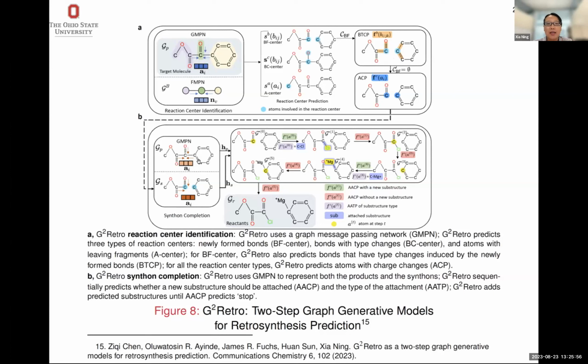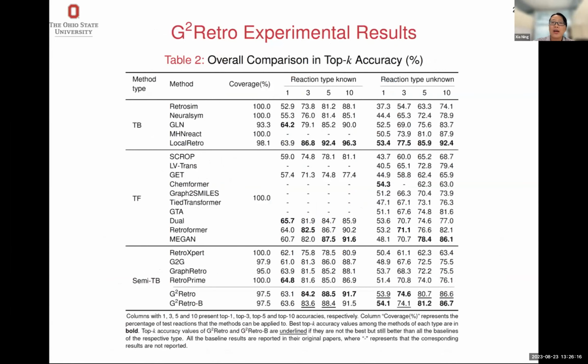And in the second phase, again, we utilize the same idea as in MolecularGAN, that is, we add atoms step by step, and in each step we need to decide where to add the atom and what atom type to add until we can complete these two pieces into valid reactants. Again, a lot of numbers, but they give some idea about the existing methods in the literature.